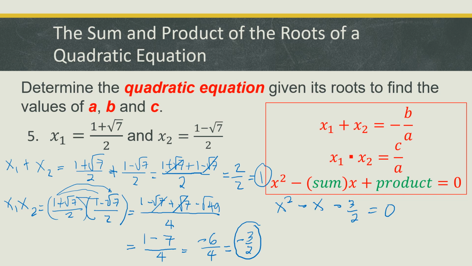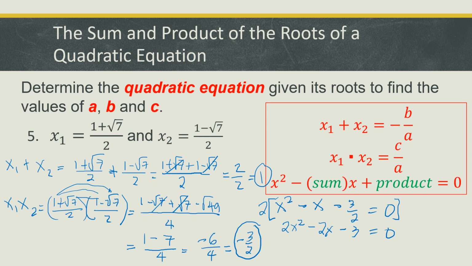We still have the denominator, so we need to multiply all by 2 to eliminate the denominator. 2 times x squared is 2x squared. 2 times negative x is negative 2x. And 2 times negative 3 halves is negative 3. Equal to 0. There, we do not have a fraction anymore.